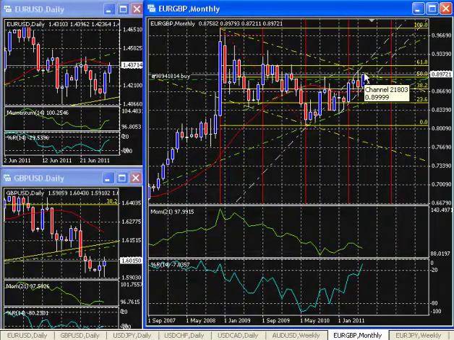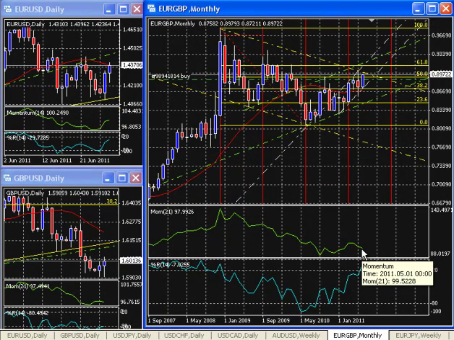But if it does penetrate with a stronger momentum, the next level would be back to the 61.8 Fibonacci, which is 0.9145.